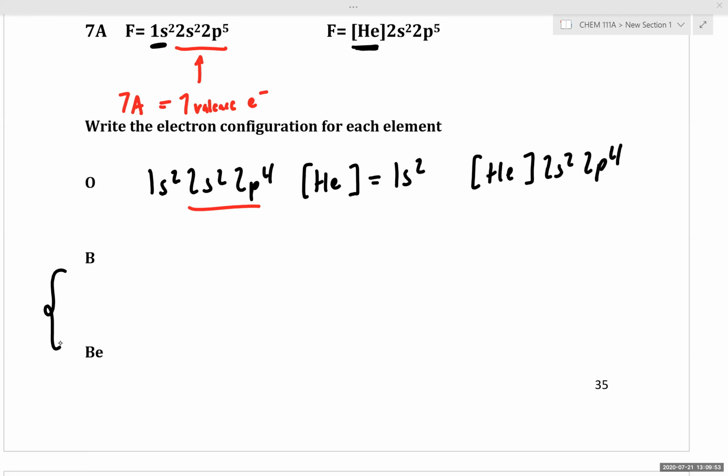The configurations I see in the chat look good, but let's try abbreviating the core electrons using a noble gas configuration. The responses I'm seeing look good so far. Let's practice writing abbreviated configurations by abbreviating the inner shell electrons using the closest preceding noble gas.